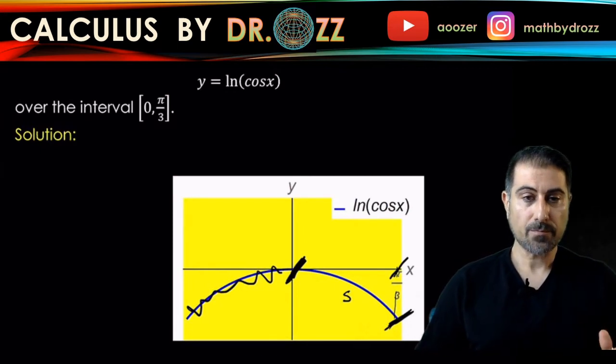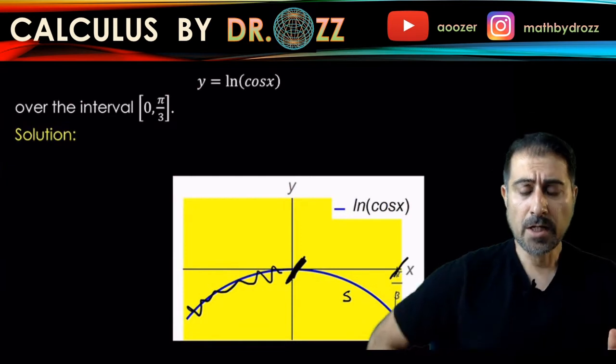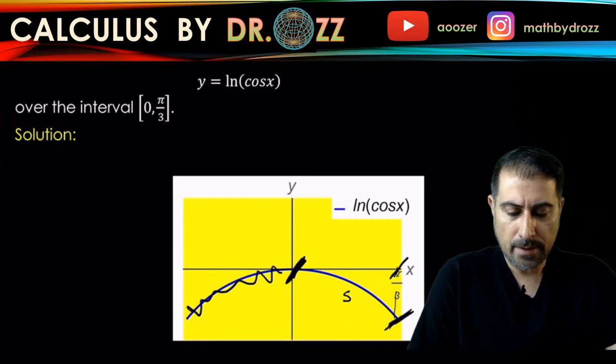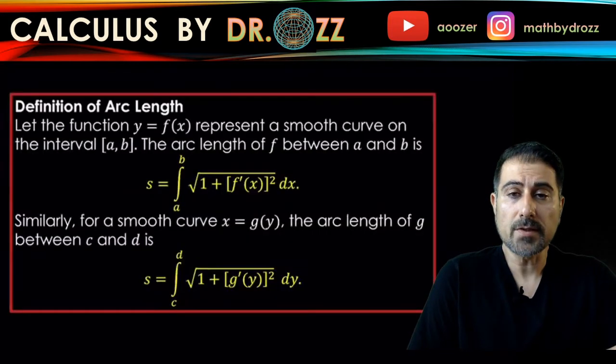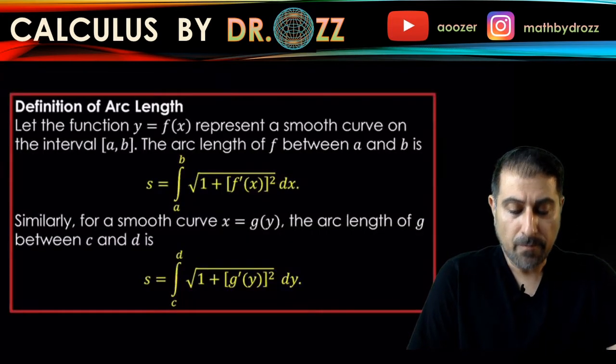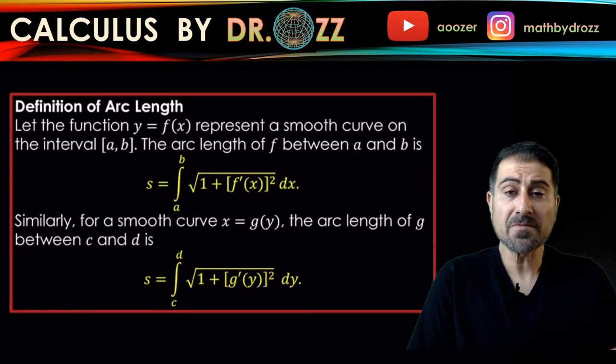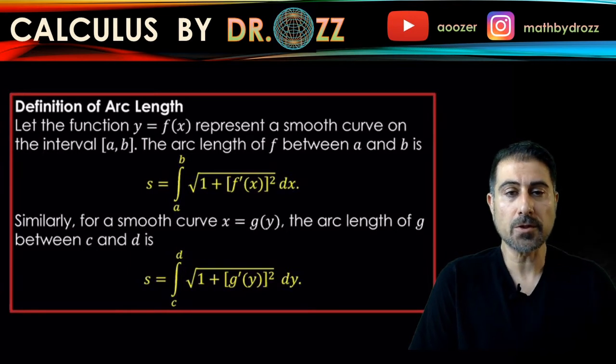For that reason, I want to take you back to the definition of the arc length. There are two formulas, and what you should look at is how the equation for the curve is provided to you.